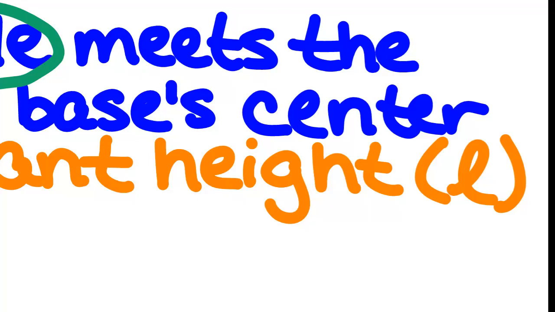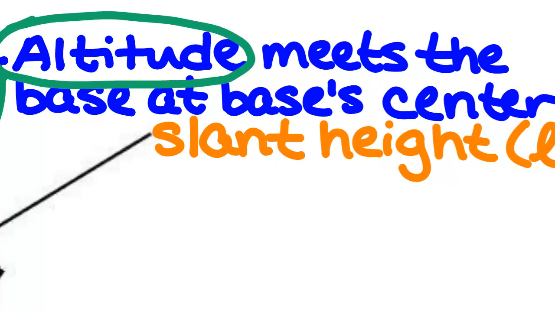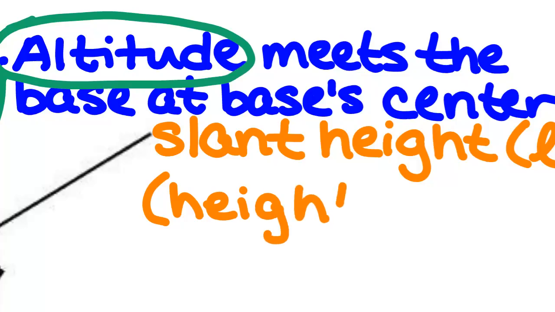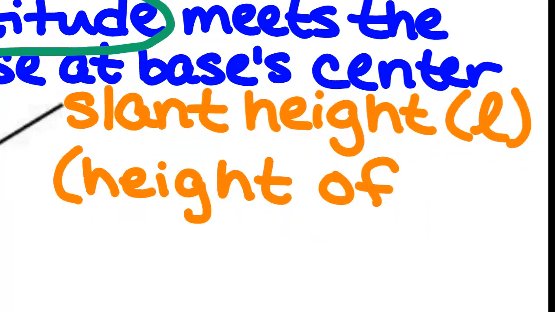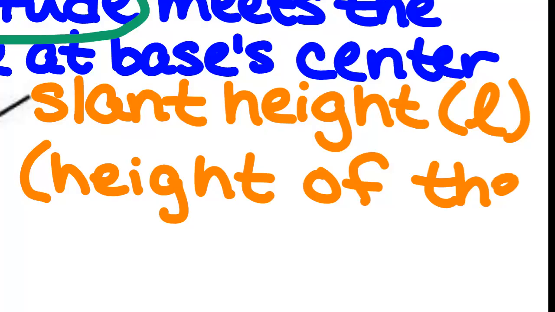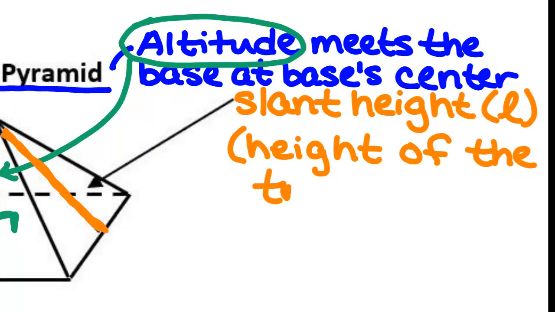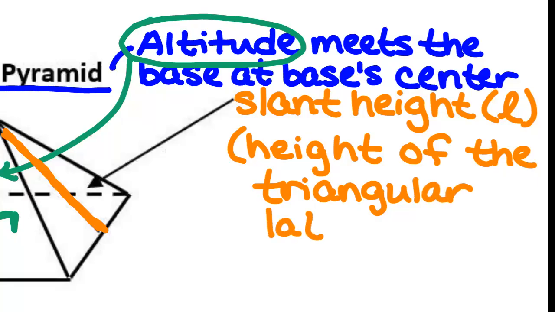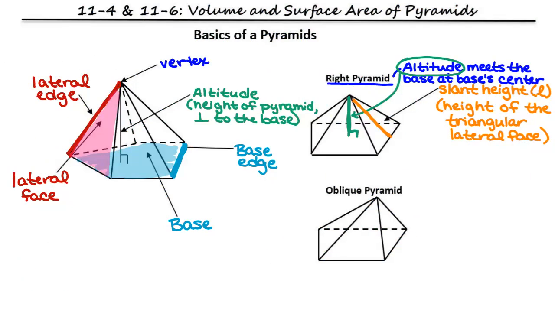This is the height of the triangular lateral face. So the slant height of the pyramid is the height of the triangle.